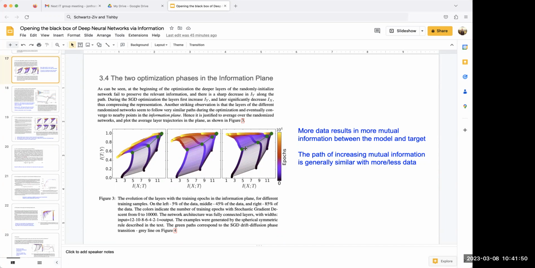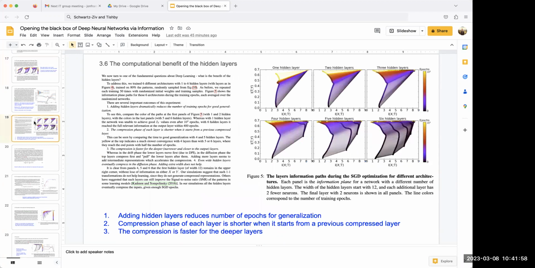This is the last result I'll show here. They try some sensitivity to the number of layers themselves. They tried it with between 1 and 6 layers, and with only one layer, you don't always converge to the highest amount of mutual information.